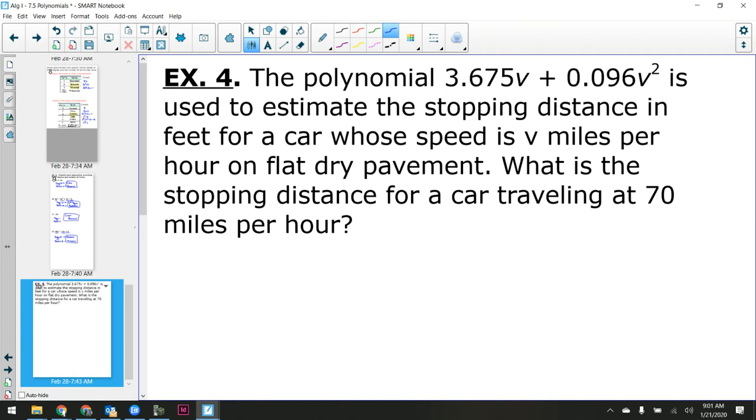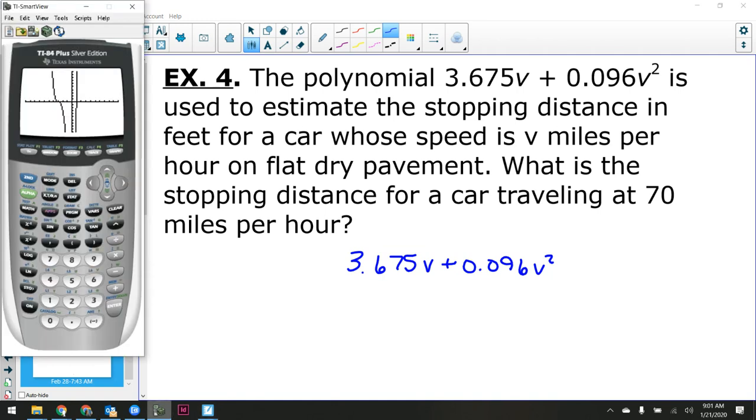It's a lot of words there just to say, plug it in. Here is my function, here's my equation, 3.675v plus 0.096v squared. And I say v is 70. Just plug 70 in.